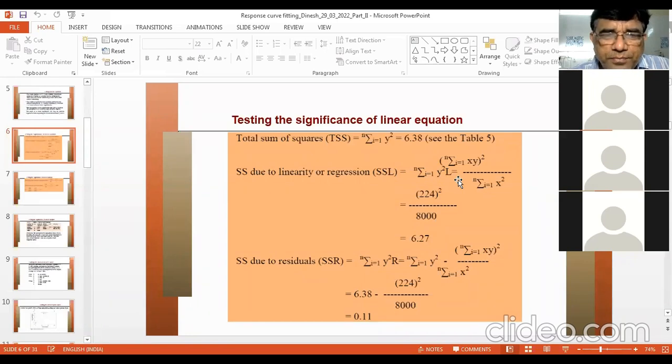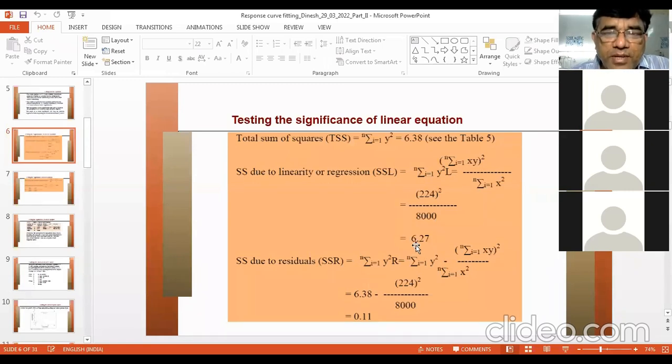You can put these values in: 224 whole square divided by 8,000. So you get 6.27 as the sum of squares due to regression.